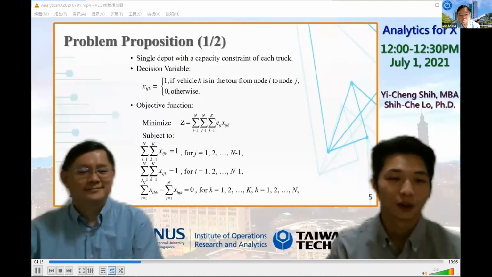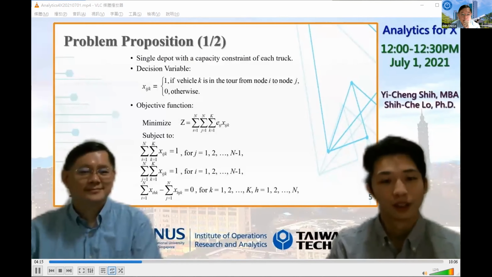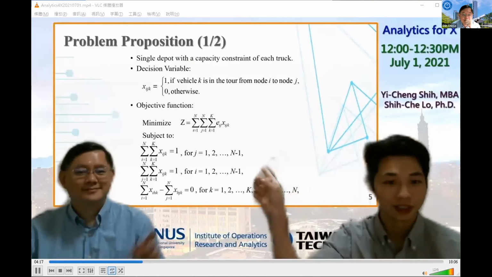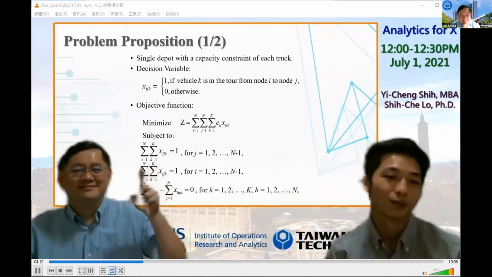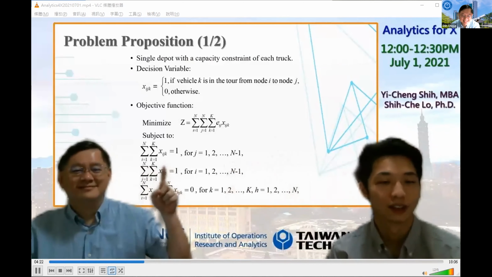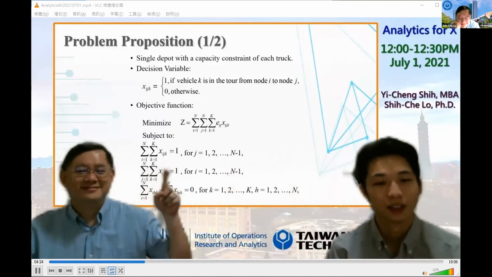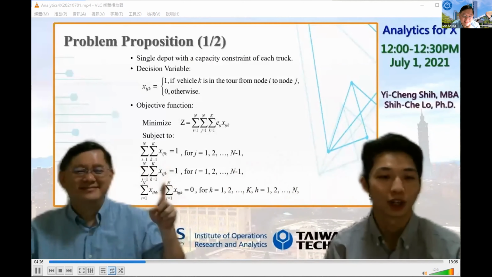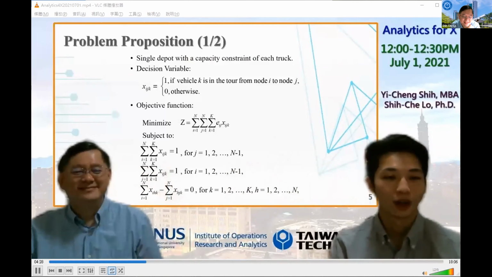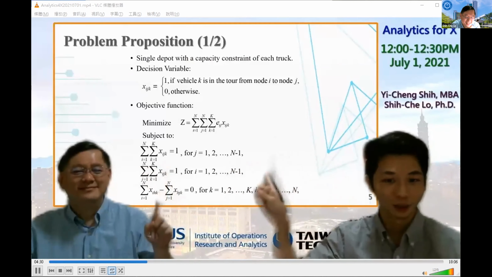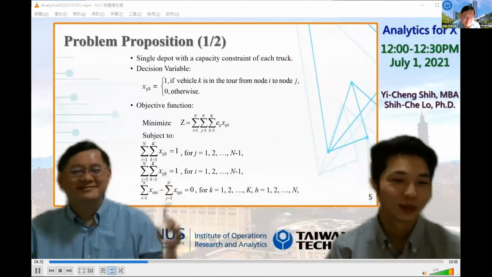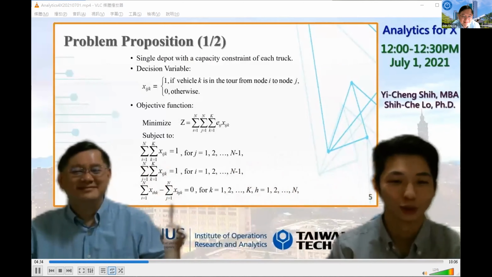And here are our constraints. These two are to make sure that every customer is served by one and only one truck, and this one is for the route continuity.